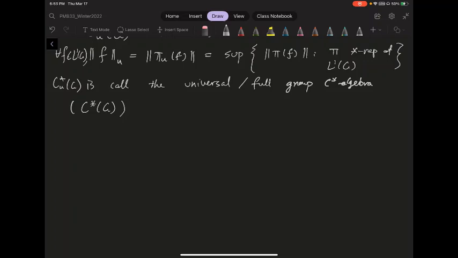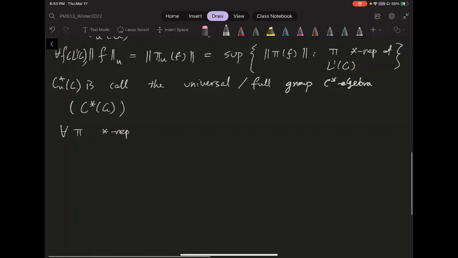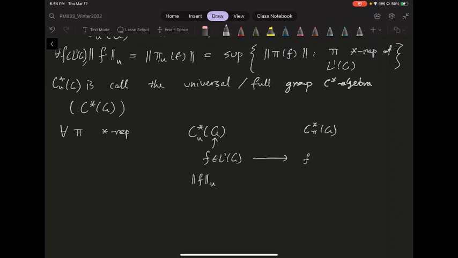So if you have any star representation pi, say non-degenerate, then you can map your f inside L1 of G, sitting inside this universal C star algebra, to the C star pi of G. You can just map it there because the norm in the full one is always bigger. The norm of f in the full one, because it's the universal one, is bigger than the norm of f in the pi norm.